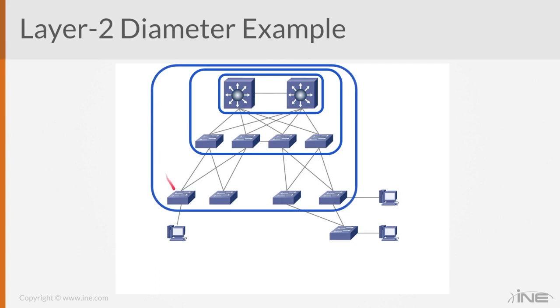And same thing here, we would have a diameter of 3. So you can look at it this way: if I have an event here that is going to propagate, the time it takes to reach this one and this one and back to another one, to another one. So this is your diameter.